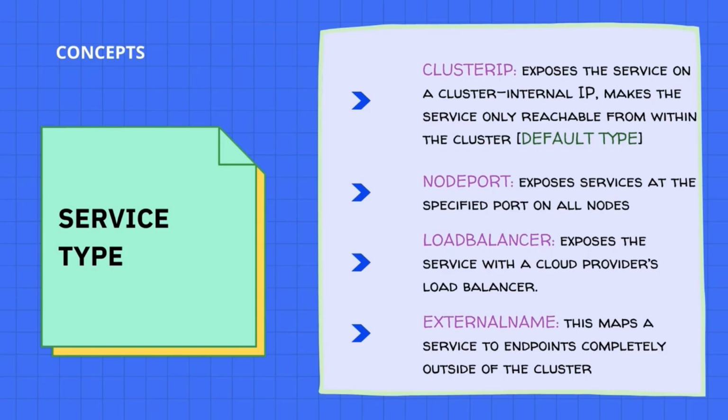The next one is load balancer. Load balancer exposes a service with a cloud service provider's load balancer. And then finally, we have external name. This maps a service to an endpoint completely outside the cluster.